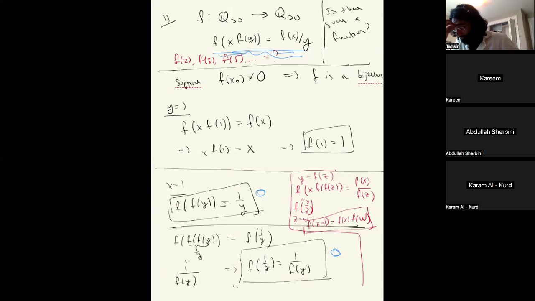Okay, so now I will say what. Let's make some point here. I think this condition here will actually put some restriction on it.